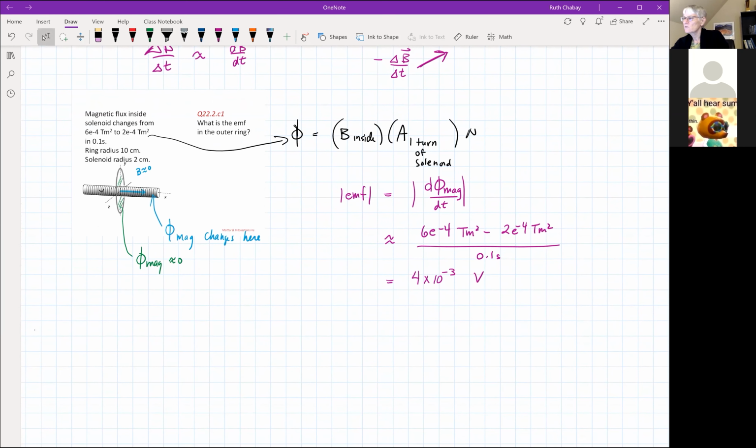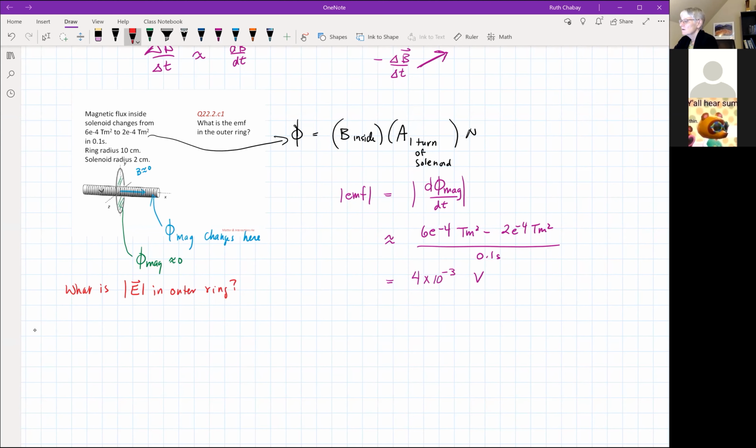Now, what is the value of E in the outer ring? Well, the question is, shouldn't it be negative?